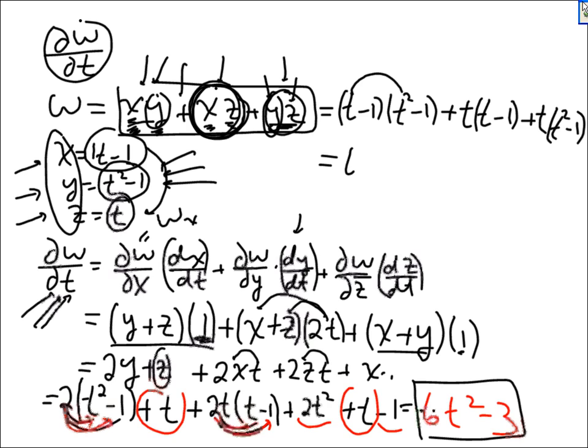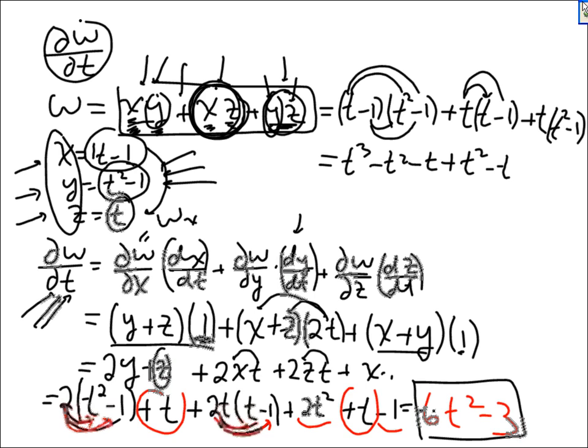I get t cubed minus t squared minus t plus 1, plus t squared. Plus t squared minus t, plus t cubed minus t.